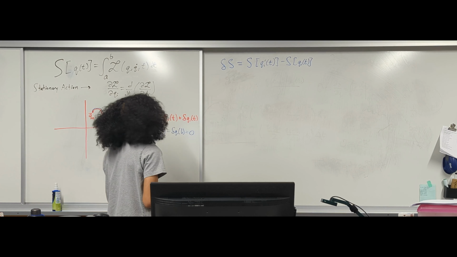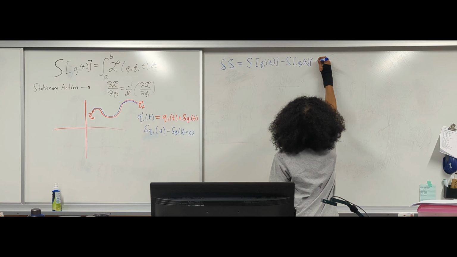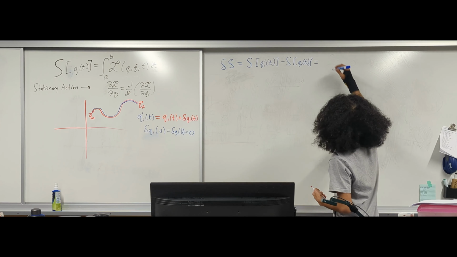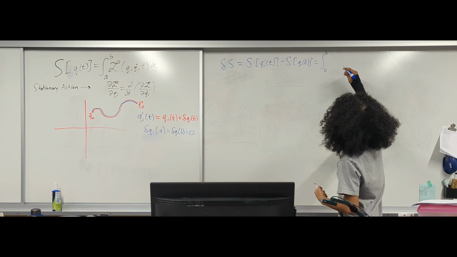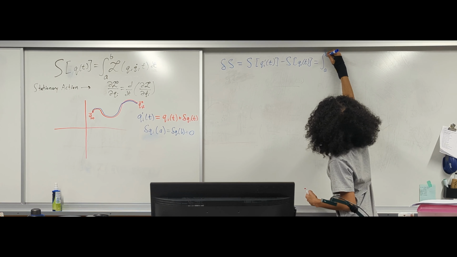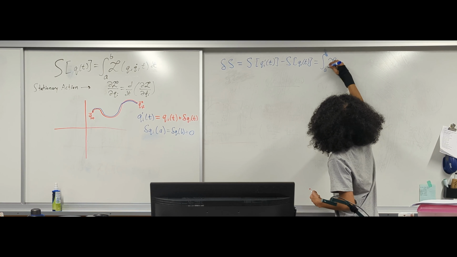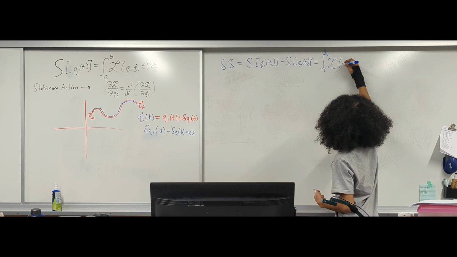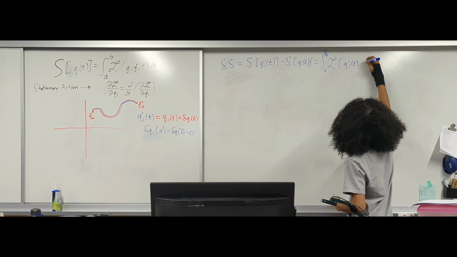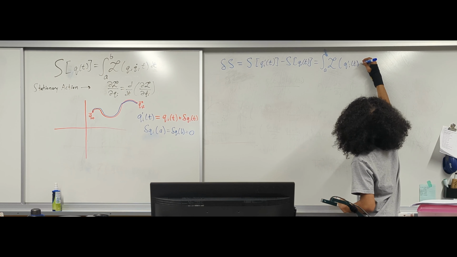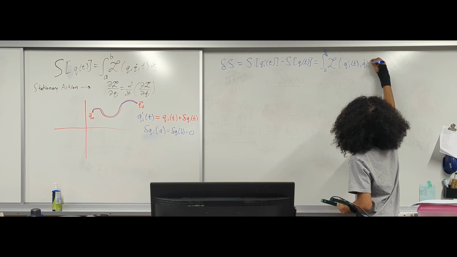And then you can just plug in and see what this becomes. They're both going to be an integral from a to b. The first one, we have the Lagrangian where we put in the q primes, q_i prime, q_i dot prime, and then it could depend on time.